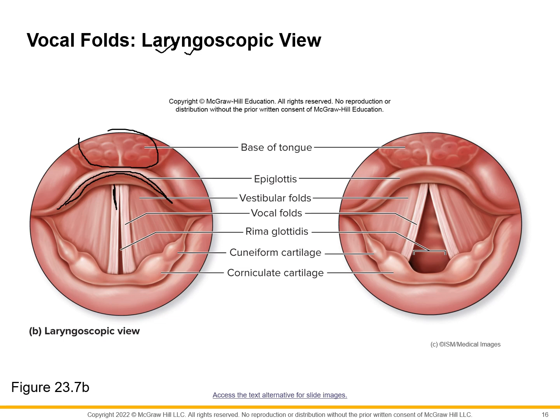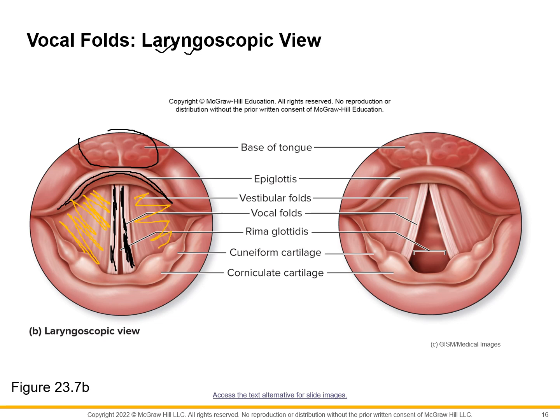These structures, the lightly shaded lines, are your vocal folds or vocal cords. And there's a curtain of tissue right here that is called the vestibular fold. Now, vestibular fold is like a curtain on both sides.